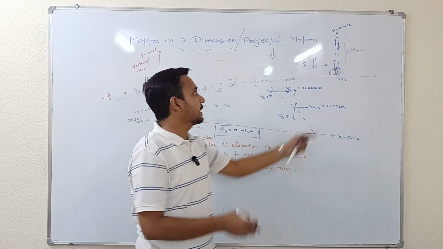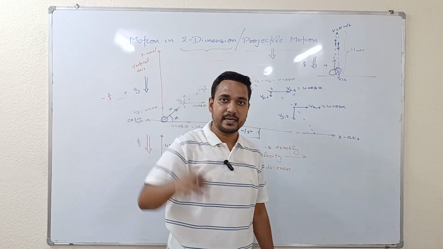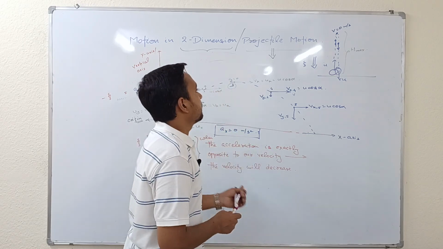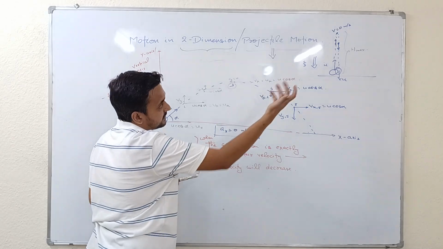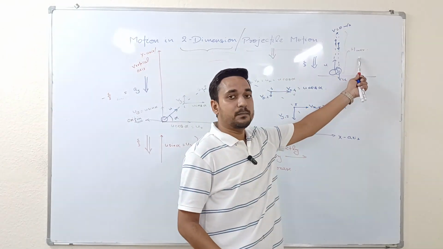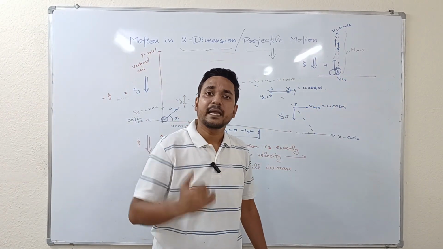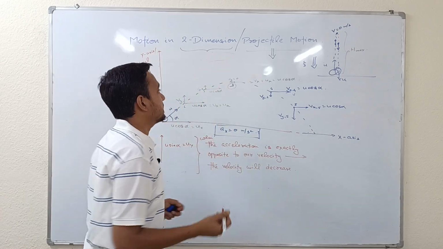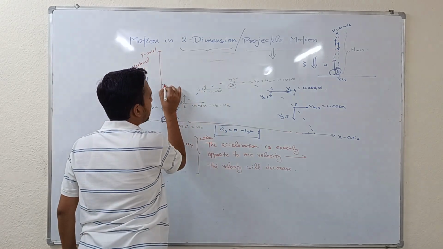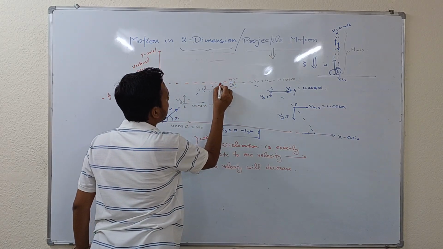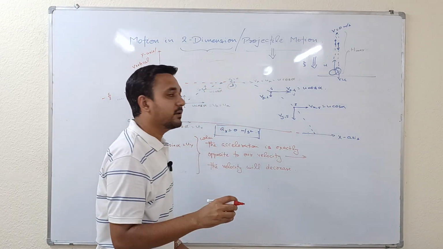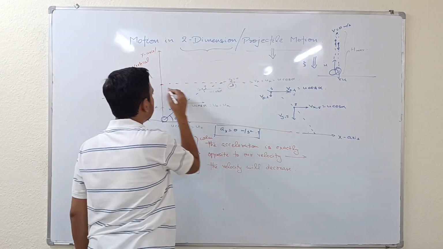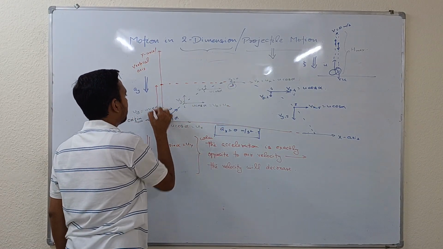We have studied it in motion in one dimension, in the vertical axis, the free fall case. From there we have seen that h maximum means the maximum displacement in vertical direction, which occurs when the vertical component of velocity becomes equal to 0.